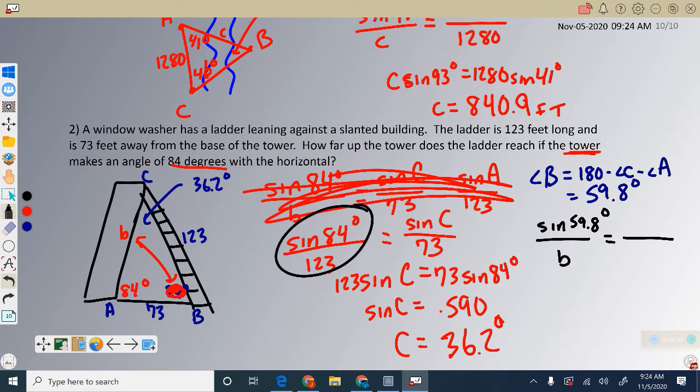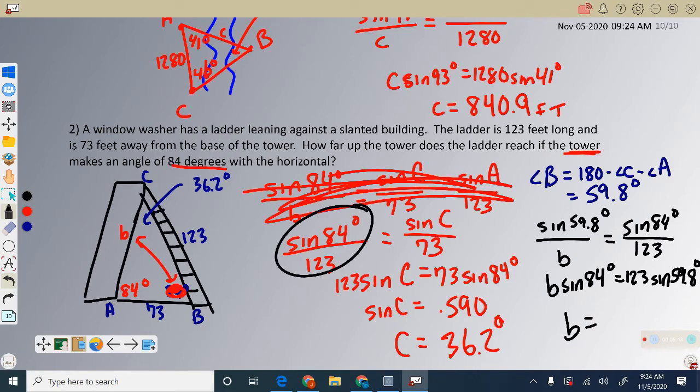I should always use the original value, something that's not rounded. So I should use this 84 degrees because it's precise, and the 123 because it is precise. So that way I can do my cross multiplying here and get B times sine of 84 degrees will equal 123 times the sine of 59.8 degrees.